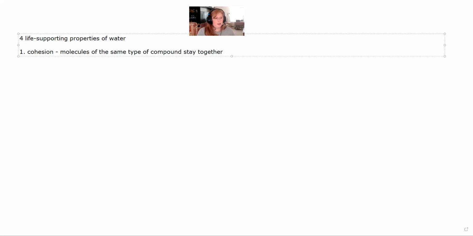The cool thing about cohesion is it lets plants defy gravity. You ever thought about that? When you water a plant, where are you supposed to water it?